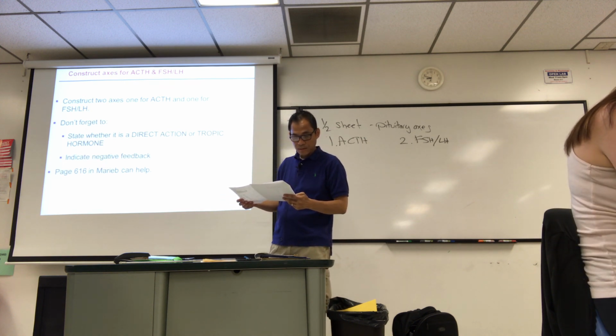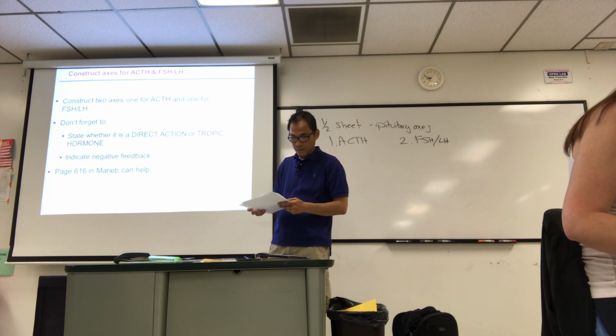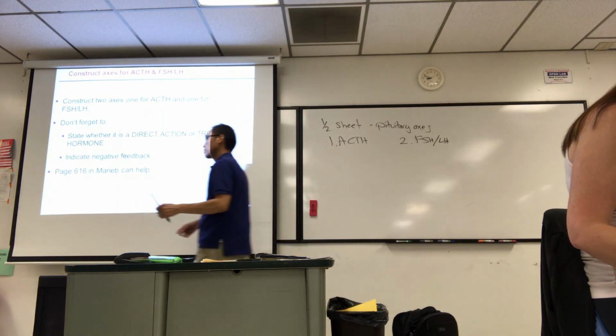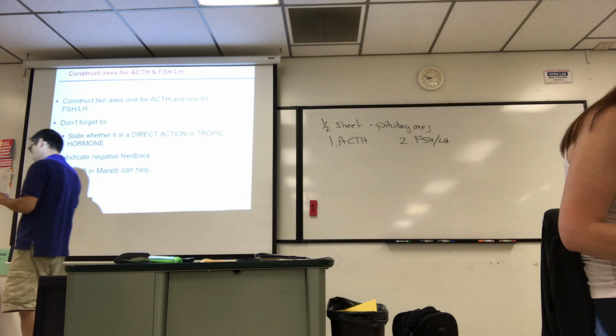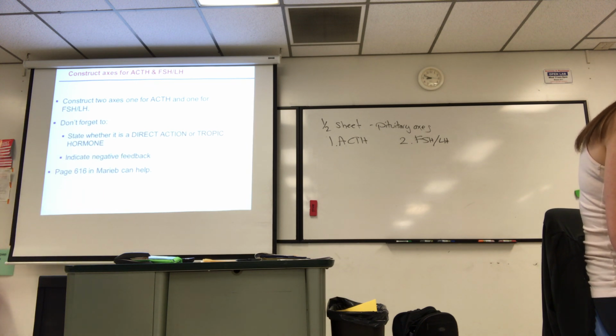Adrenocorticotropic hormone is secreted by the corticotropic cells. It doesn't say hypothalamus, but we know it's hypothalamus because of what it says over here.